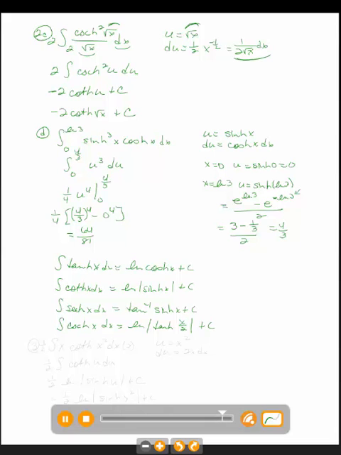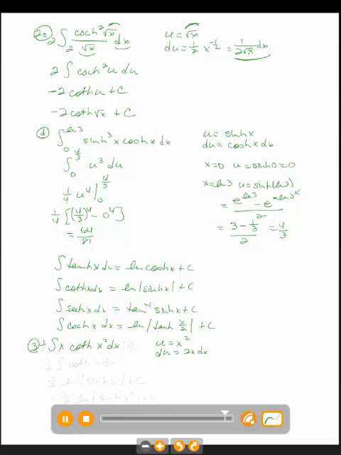They want us in example 3 to integrate x times the hyperbolic cotangent of x squared dx. So here we go again with the u substitution. u should be x squared, which means du is 2x dx.